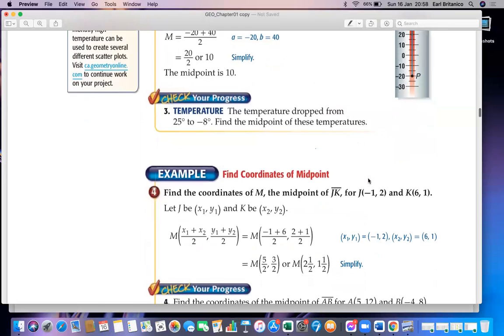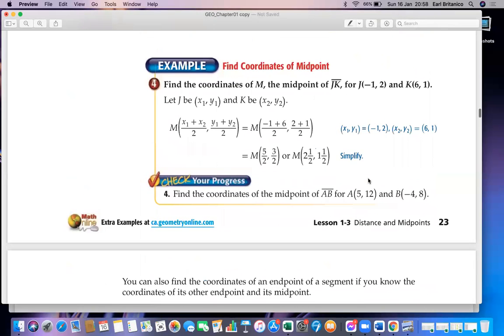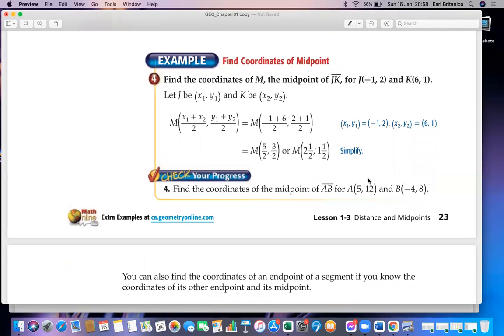But when the 2 points are in the coordinate plane, find the midpoint of JK. You don't see a graph because you don't need a graph. You just need to identify x1, y1, x2, y2, and then use the midpoint formula.